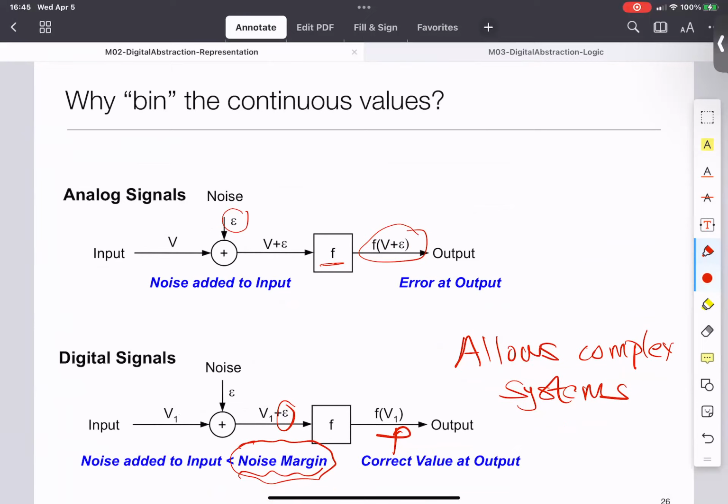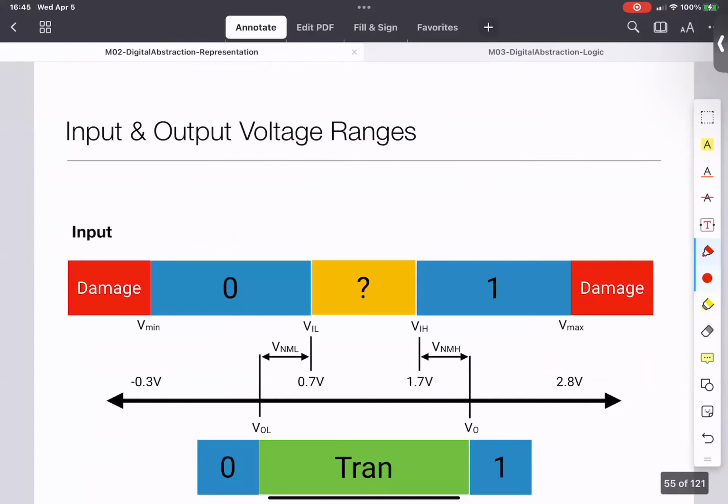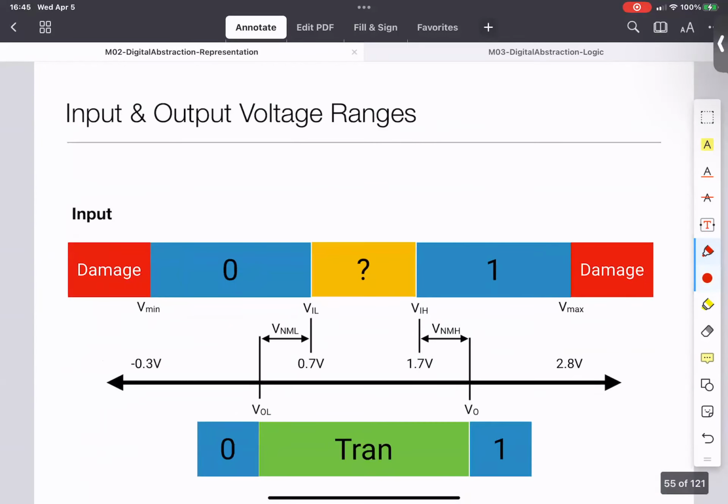So the kind of question you should be able to answer is, if I give you a data sheet, I can ask you how much noise there can be. You should be able to interpret VIL, VIH, VOL, VOH, and talk about how much noise you can tolerate. What is happening is that our outputs are more conservative.